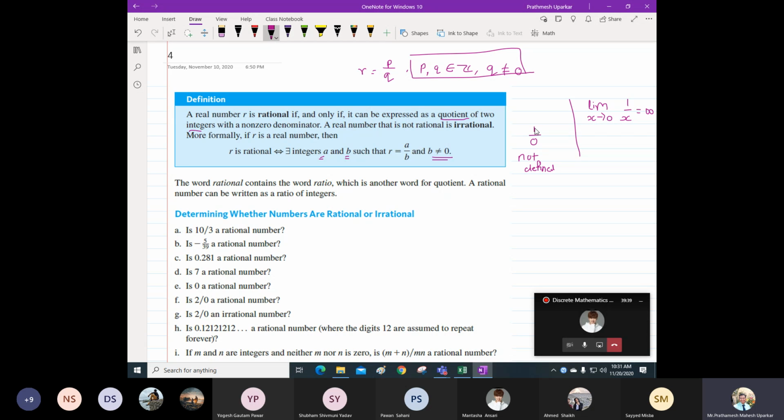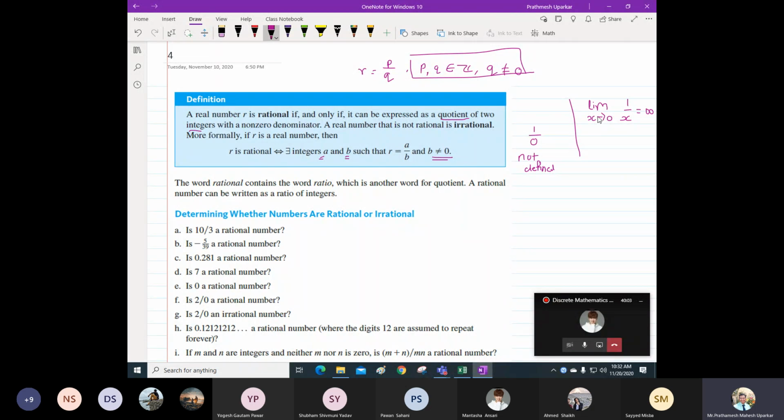But if you have given directly 1 upon 0 or anything upon 0, you will say that the number is not defined. Division by 0 is not possible in mathematics. Therefore, we have the concept of limits, where we take the quantity as close to 0 as possible, but it is not equal to 0. So this is the limit definition.